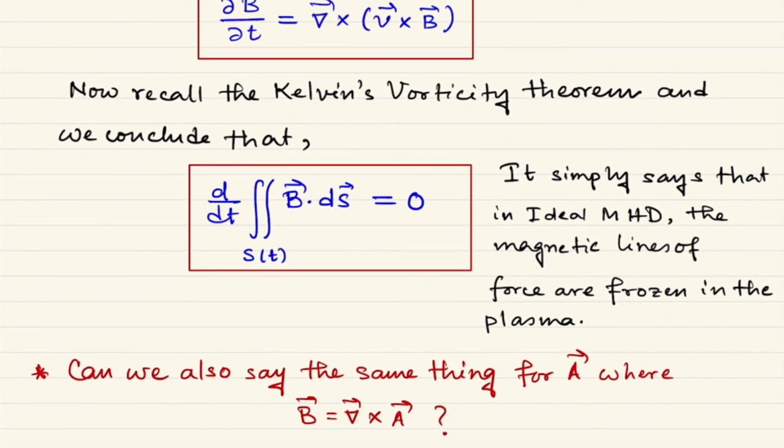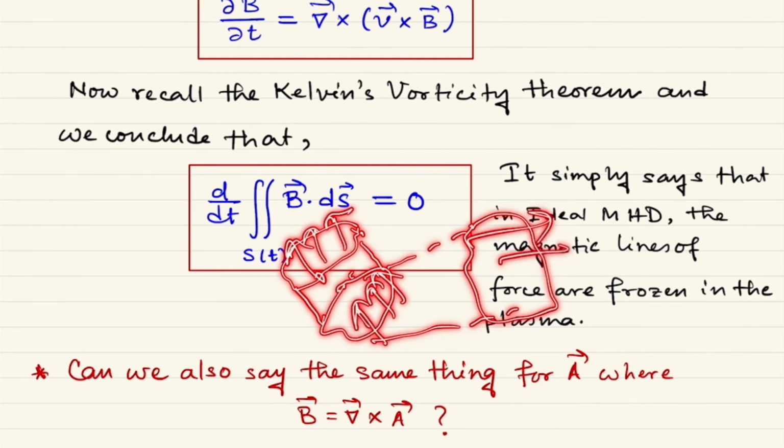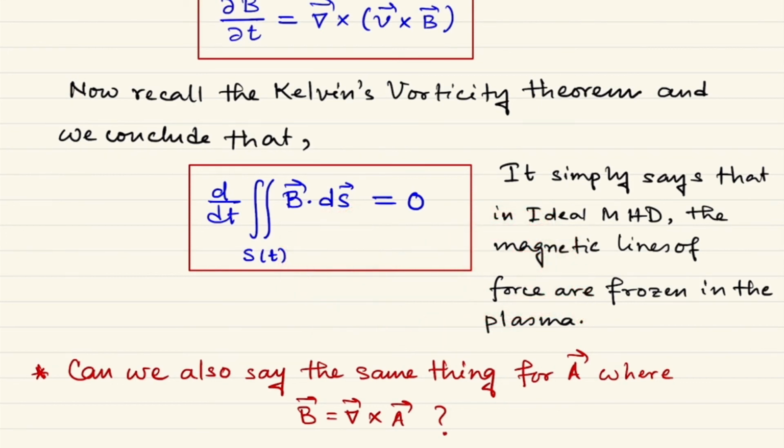So whenever you take any arbitrary area in a fluid and trace this area from here, let's say after some time it comes here, or after some time it goes there, in both cases if you calculate B dot dS here, here or here, you will always have the same value.